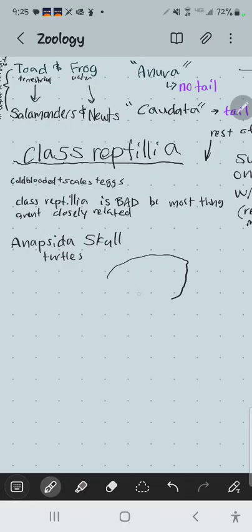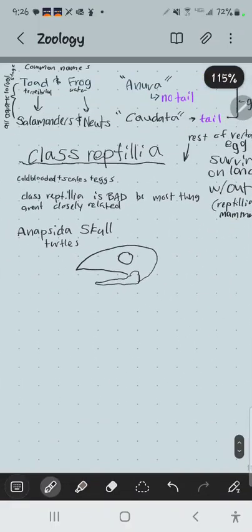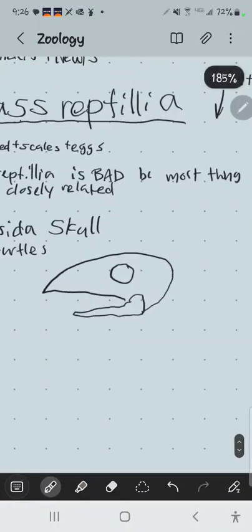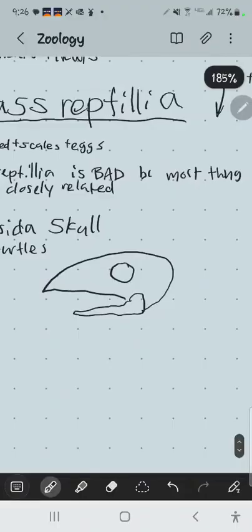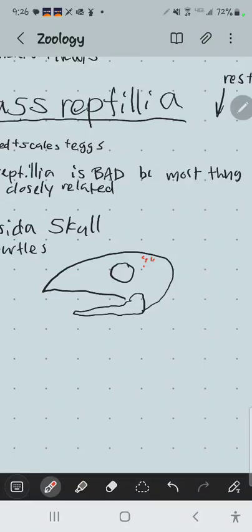The muscles that articulate the jaw, the muscles that open and close the jaw, are all internal. They originate from the back of the cranium, the back of the skull, and then they go internal into the skull before they attach to the jaw. So there is no temporal opening.